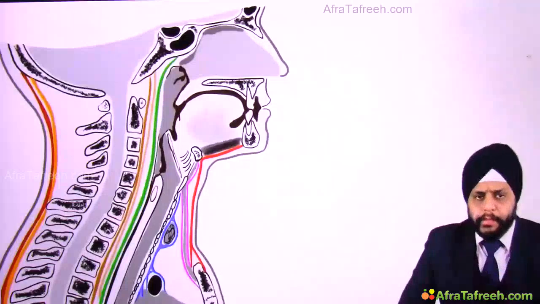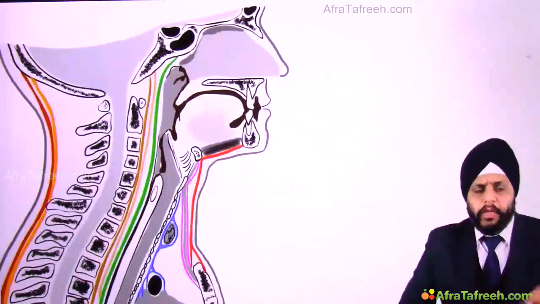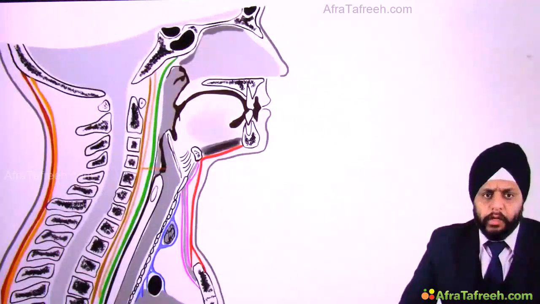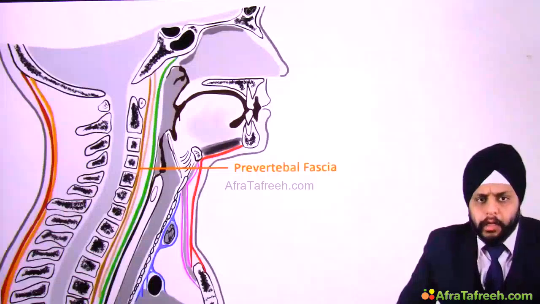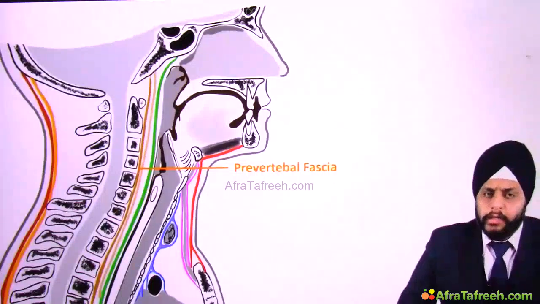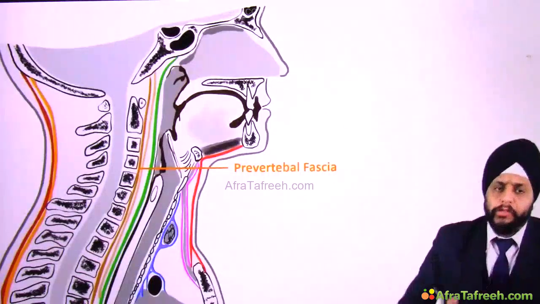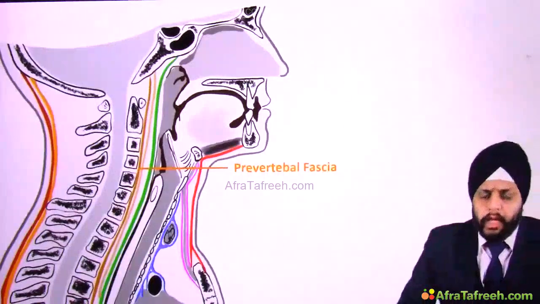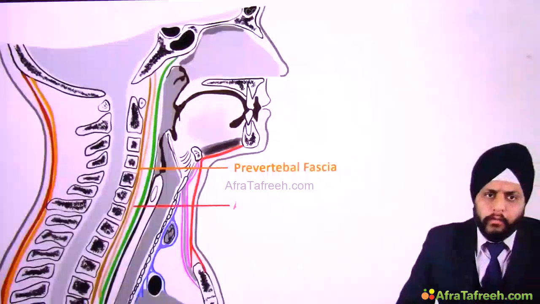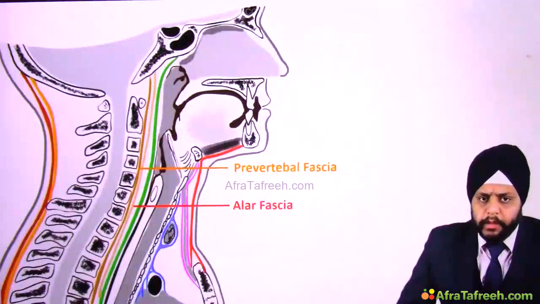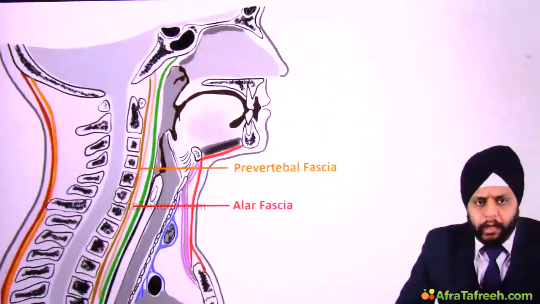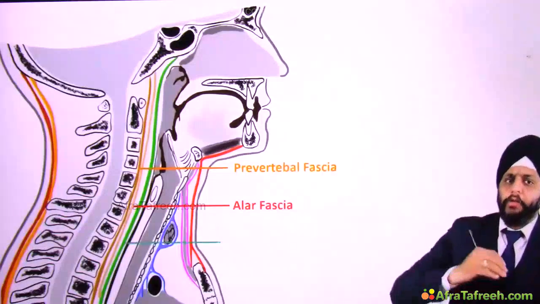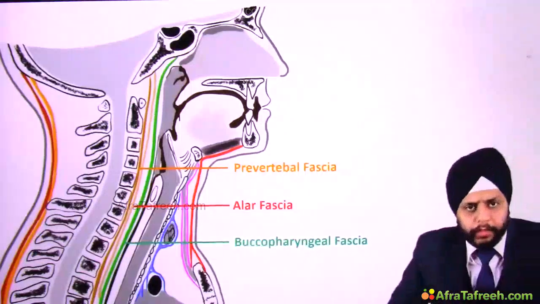Now let us look in the sagittal plane. When we look at the sagittal cross section, just anterior to the vertebra, you can see the prevertebral fascia, which extends all along the vertebra, and just posterior to that we have the prevertebral space. Anterior to the prevertebral fascia we have the alar fascia, and anterior to the alar fascia we have the buccopharyngeal fascia.